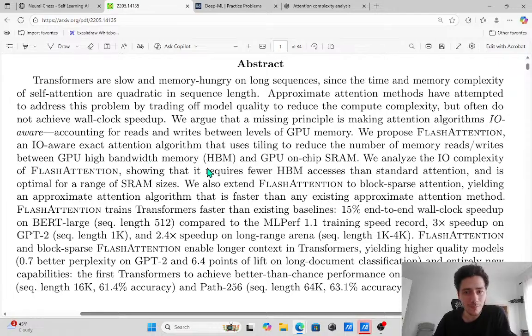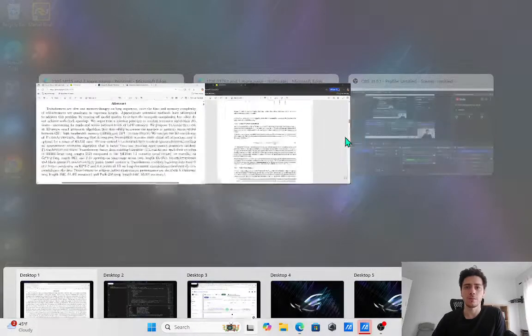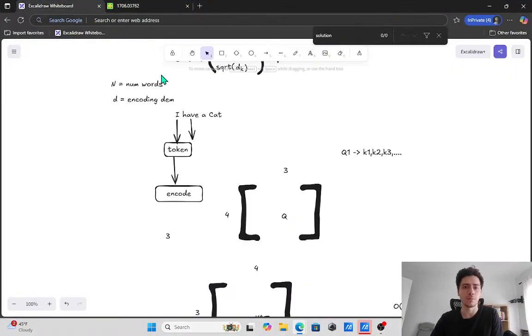On-chip SRAM. Yeah, my knowledge of GPUs is very minimal at the moment, but that's why we read and learn. Okay, using tiling. What is tiling?